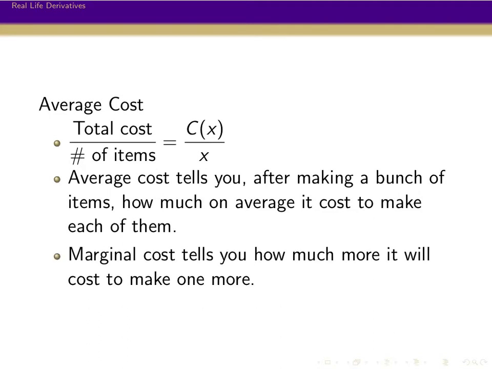Well, marginal cost will tell you how much more it will cost to make one more. Okay, and quite often the value of this is very much different than average cost. And I think in the practice problems I'm going to give you at the end of this, you'll be able to go through and see an example of where that happens.